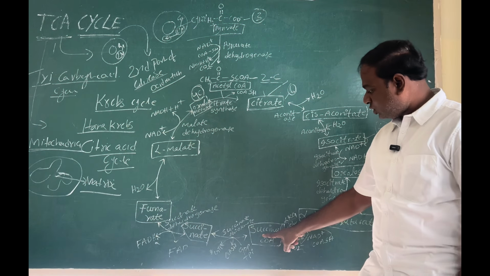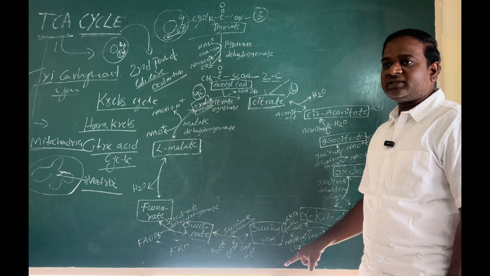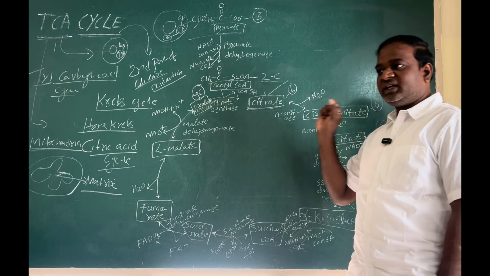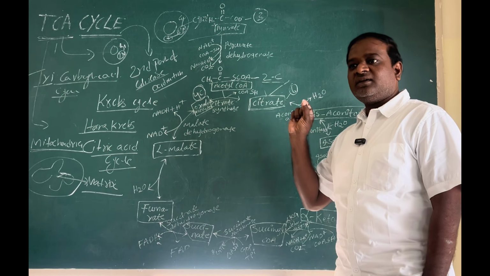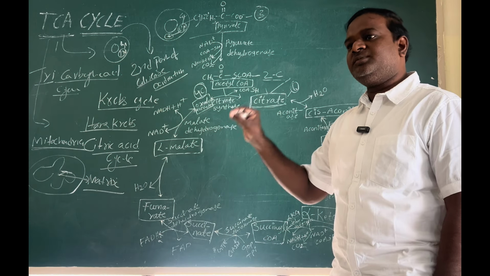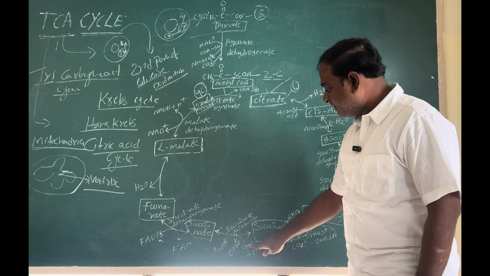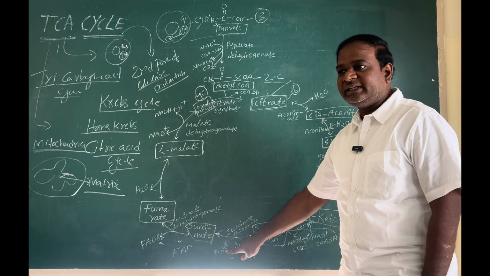That's why we are forming the succinyl CoA. And this succinyl CoA, in the presence of the enzyme succinate thiokinase, as already indicated, when a kinase reaction happens, there is compulsorily an ATP or GTP involvement. That's why here GDP converts to GTP.